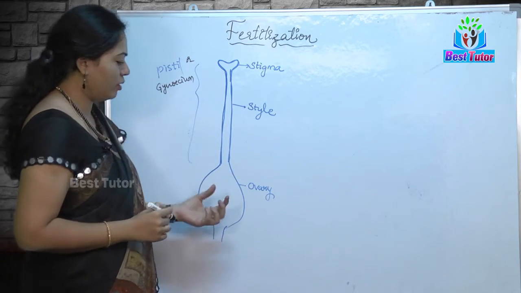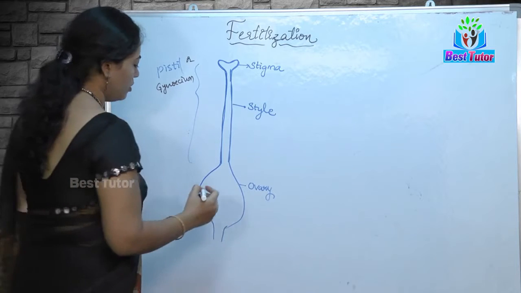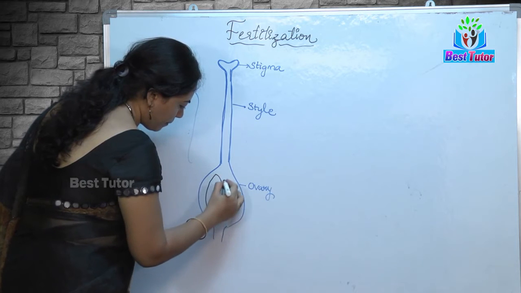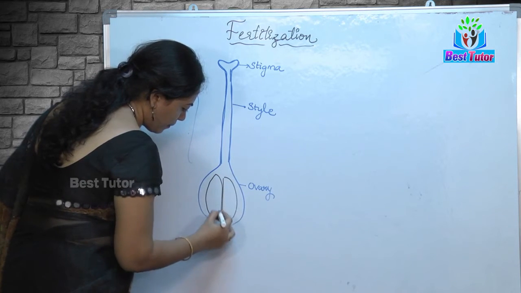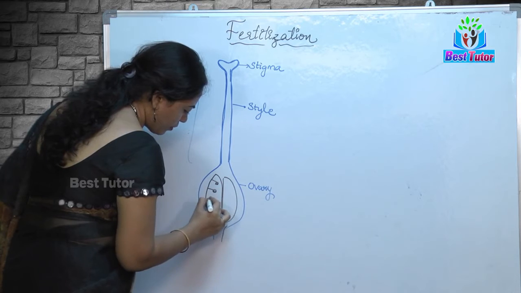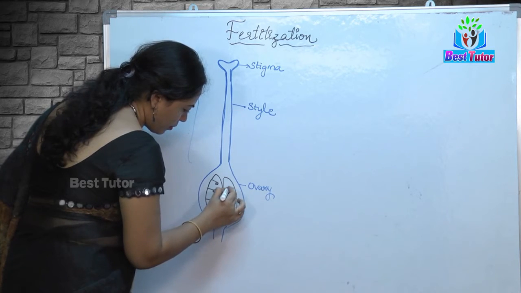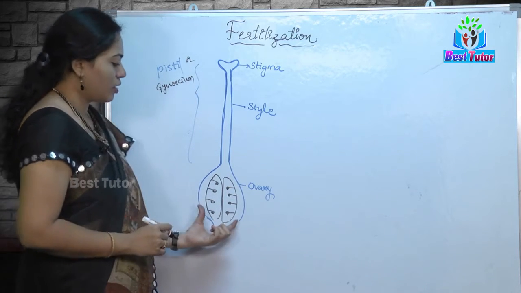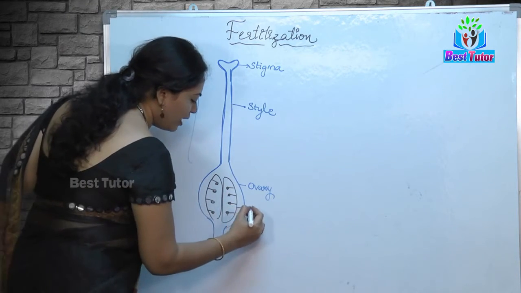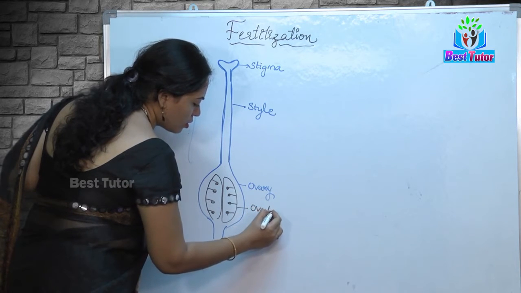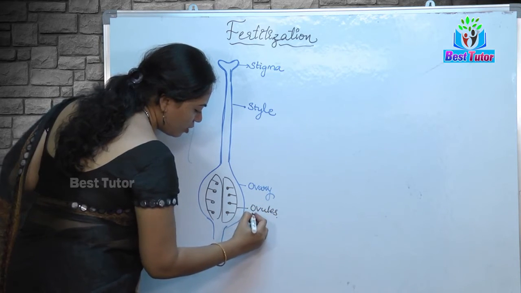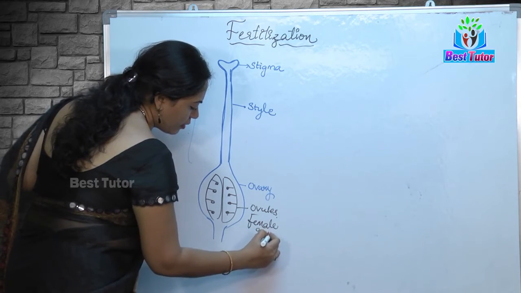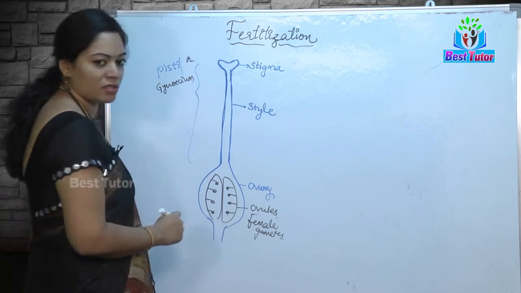Now, if you examine the ovary part, it has the female gametes, the ovules. The ovules are known as female gametes in the ovary.